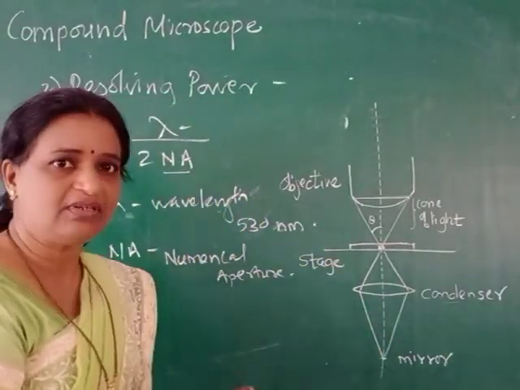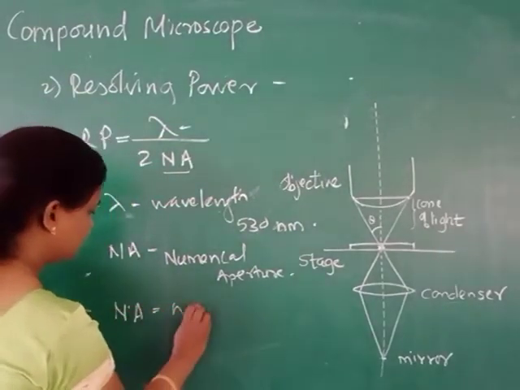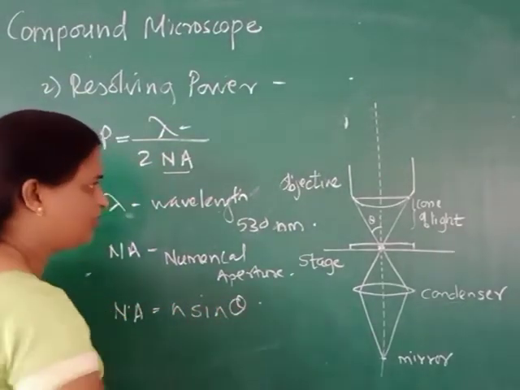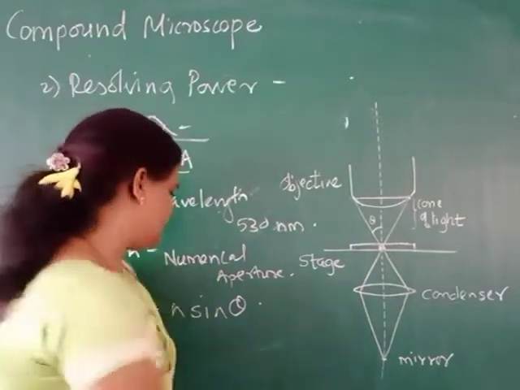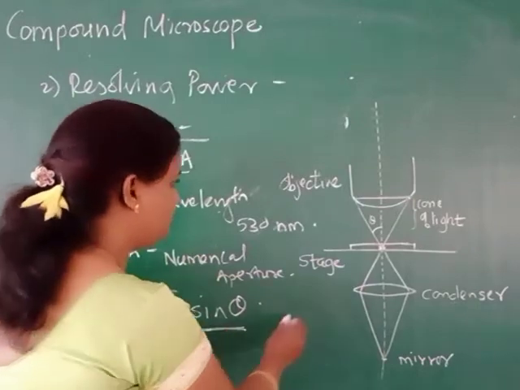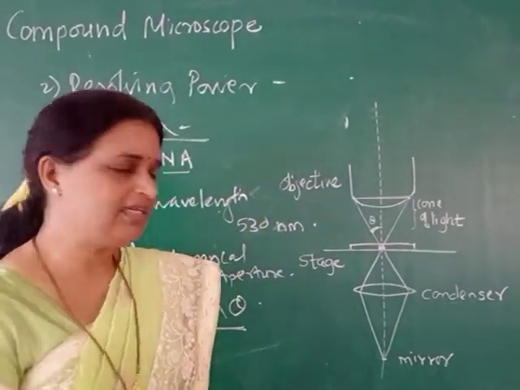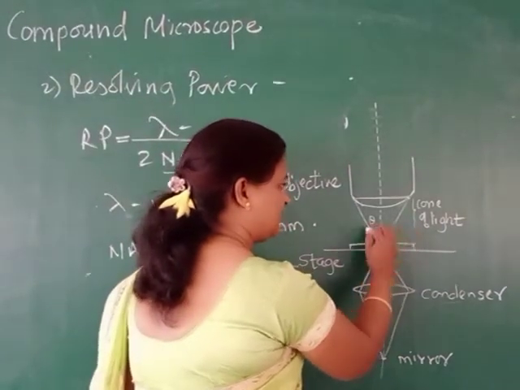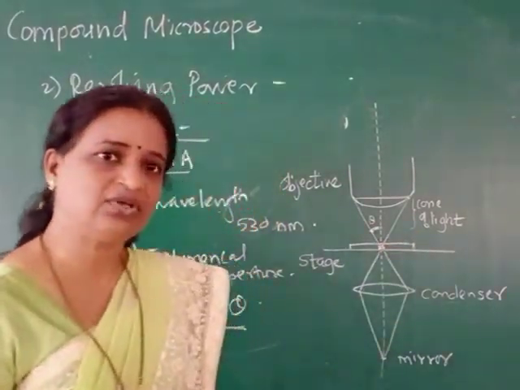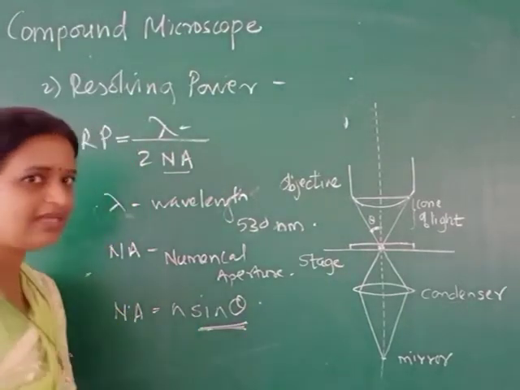Now how to calculate this numerical aperture? Numerical aperture is n sin theta. Theta is the angular aperture: half of the total angle of the cone is called the angular aperture.